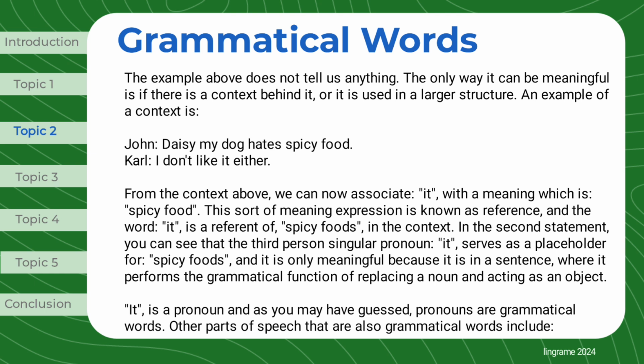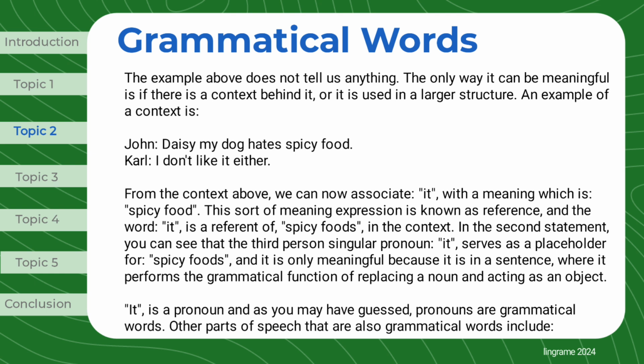An example of a context is, John: Daisy my dog hates spicy food. Carl: I don't like it either. From the context above, we can now associate it with a meaning which is spicy food. This sort of meaning expression is known as reference, and the word it is a referent of spicy foods in the context.